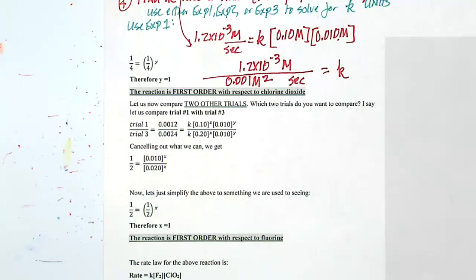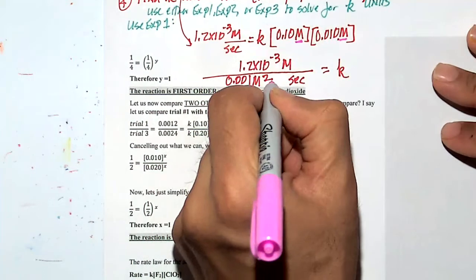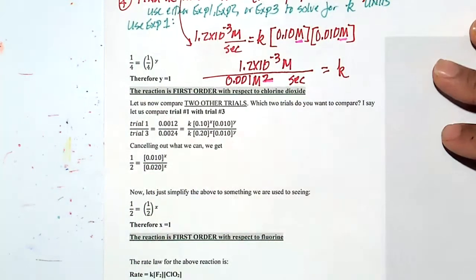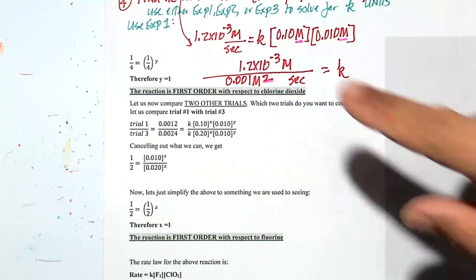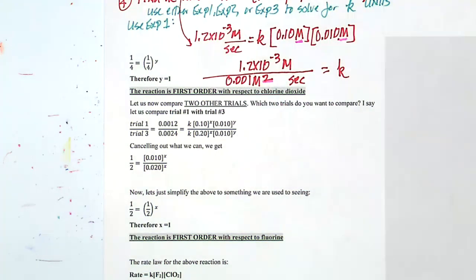Units. Because the k, lowercase k, has different units. So here, let me just underline it in pink. That's why we have M squared. And obviously 0.1 times 0.01 on my calculator is 0.001.